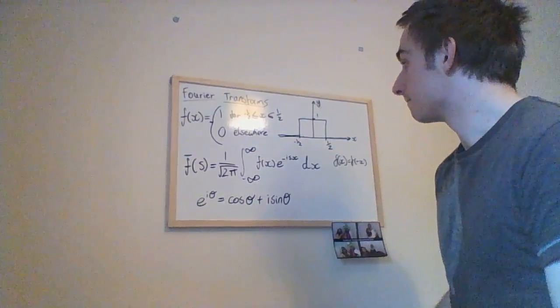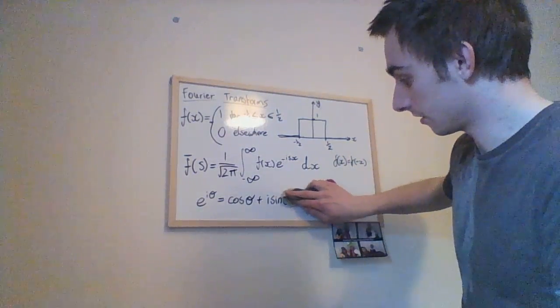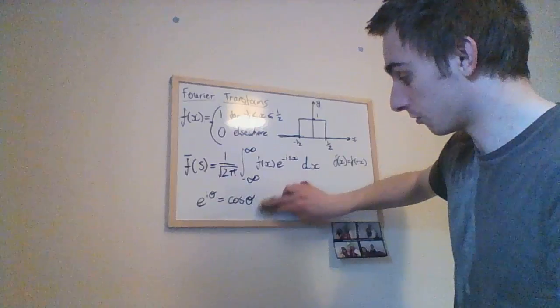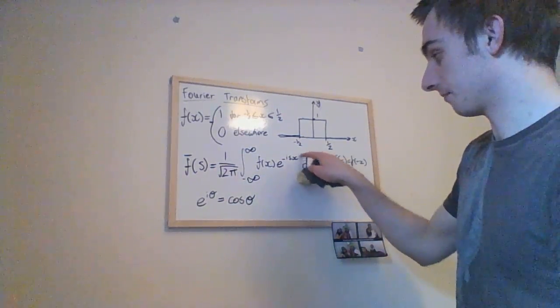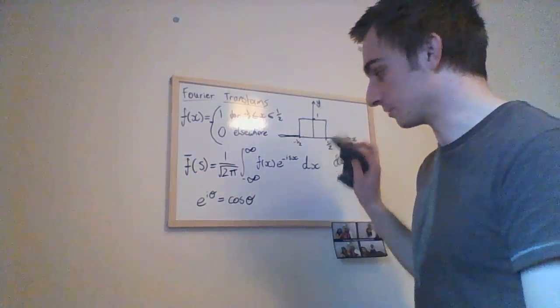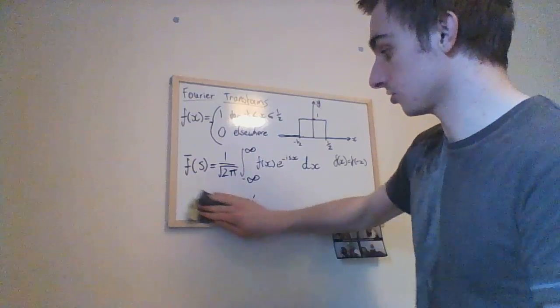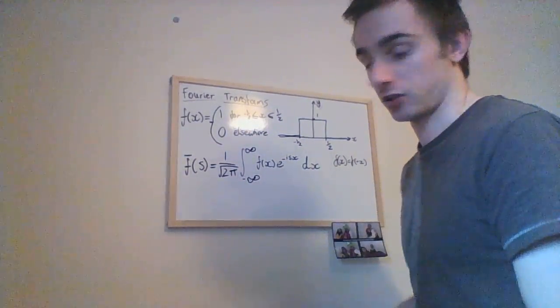So since this is an even function, we can ignore this imaginary component here. So in this case, we don't need to use an exponential function and have all these imaginary numbers and stuff going on, we can just write it in terms of cos.